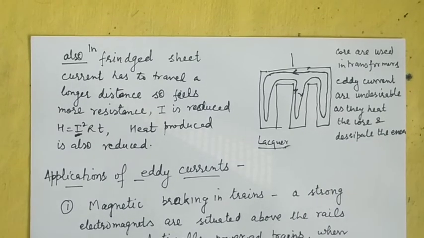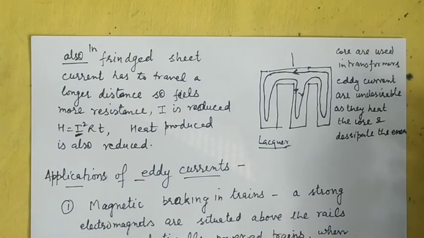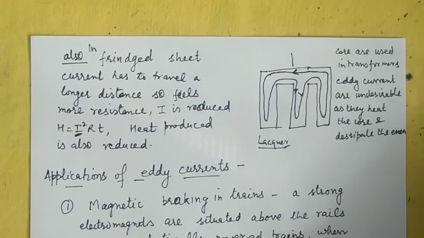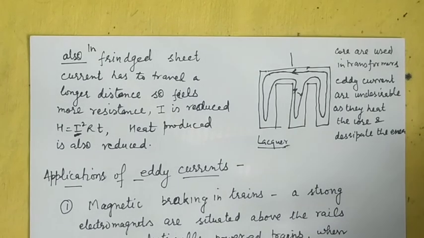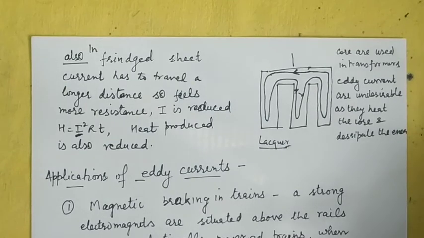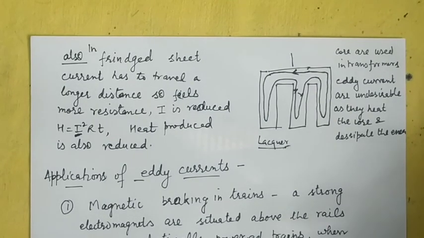So we use a very large number of fringed sheets or slotted sheets, joined together with insulating material, that is lacquer, and these sheets are arranged parallel to the magnetic field. This is how we can use the fringed or slotted sheet to reduce the damping and heating effect.